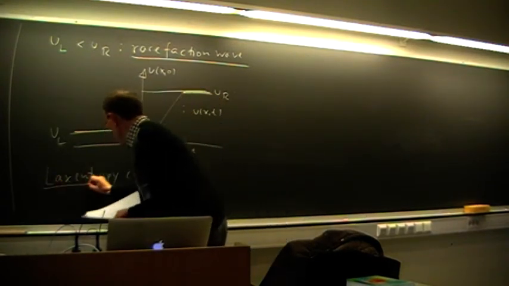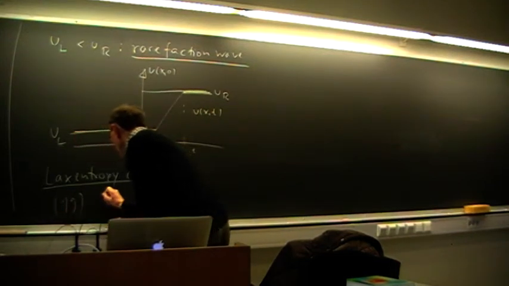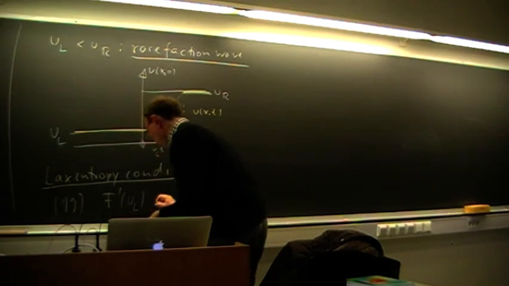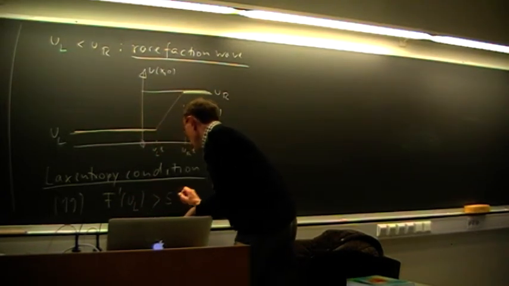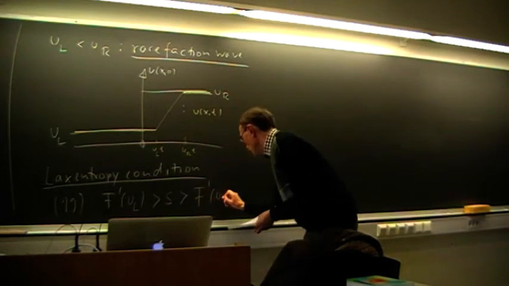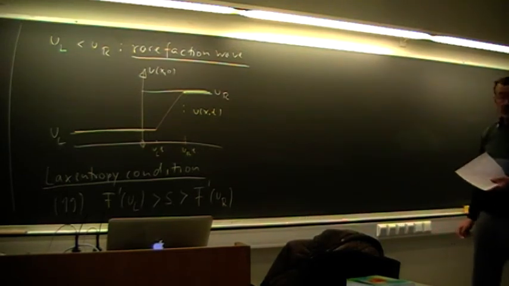And that says the following, that was 19. The general formulation is that f prime, that is our flux function derivative, at u_L must be larger than the shock speed, and larger than the characteristic speed on the right. We can check that: f prime for the inviscid Burgers equation is u.